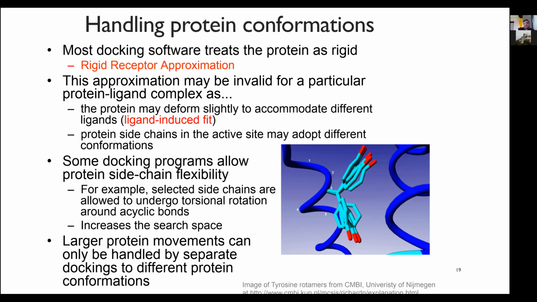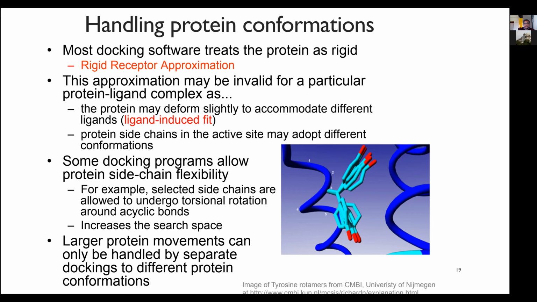So some docking search algorithms also provide an opportunity to consider protein side chain flexibility, which means that it allows the flexibility of some identified side chains, which are allowed to undergo torsional rotation again around acyclic bonds. Now, this can enhance the accuracy of the docking studies. Okay.